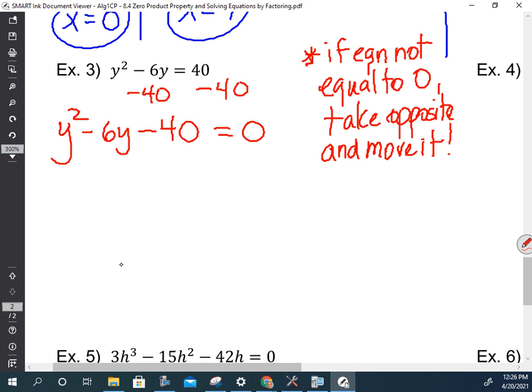So factoring it, we always start with the greatest common factor. What's the biggest number? Biggest number is 1. Does everything have the same variable? No. So the greatest common factor is 1.